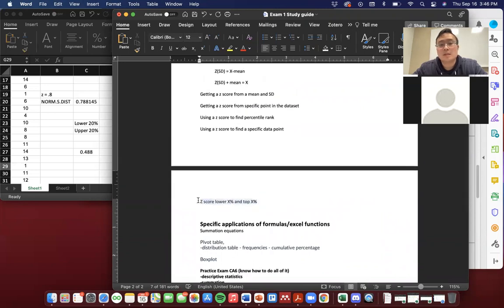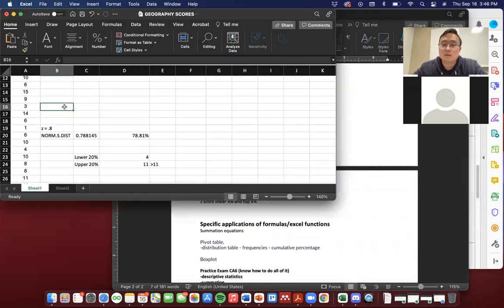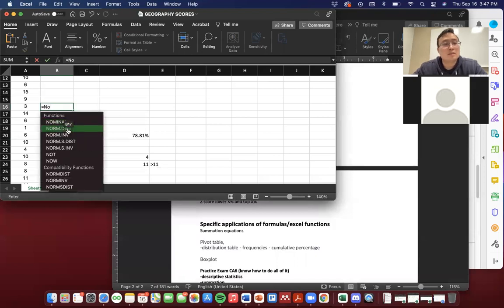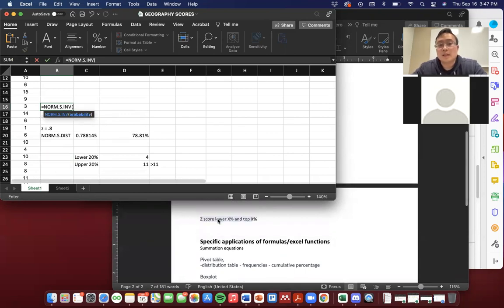I think we went over this with the function NORM.S.INV. There you go. So to know the lower percent of a z-score, you would say, I don't know, z-score of 1.5.